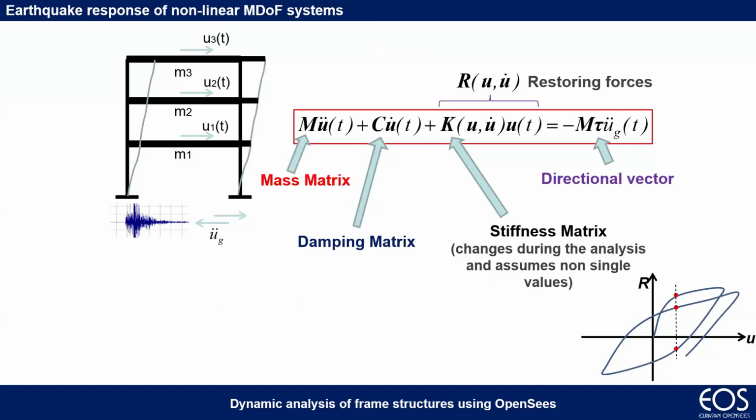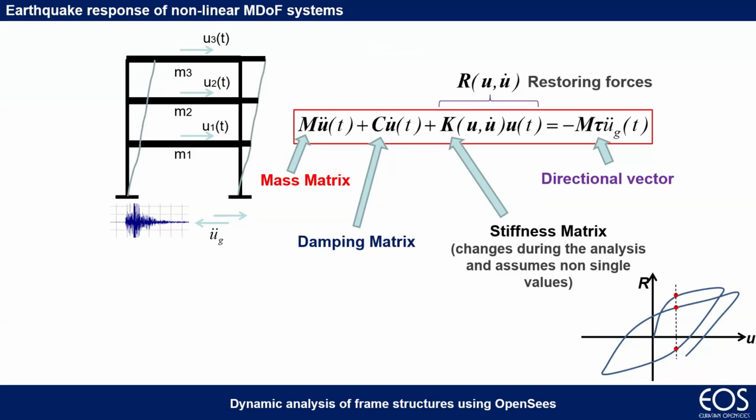What happens if I declare a nonlinear structure where the stiffness is changing during the analysis? It's changing both for nonlinear properties of materials, mechanical properties, or for geometrical nonlinearities, as Professor Ditapen showed yesterday. So corotational, P delta effect, stuff like that, okay?